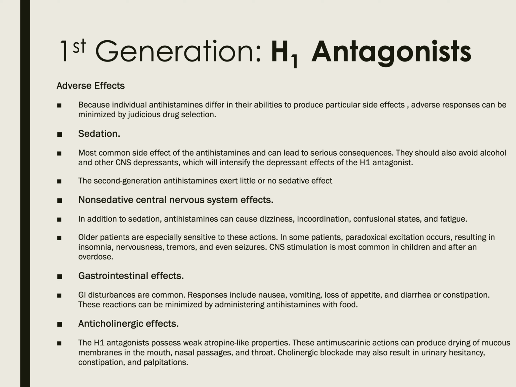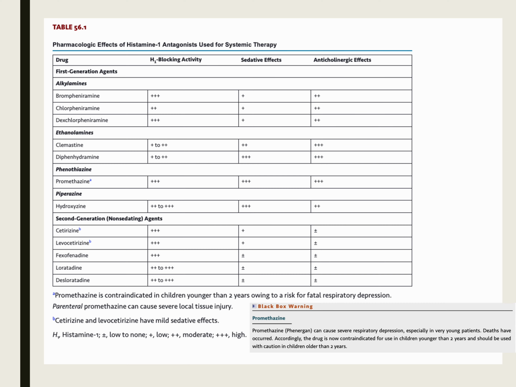Just like second generations being lower risk for sedation, the second generation antihistamines are at a lower risk for anticholinergic effects as well. Here is slide 56.1 that I do want you to pay attention to, the pharmacologic effects of histamine 1 antagonists.